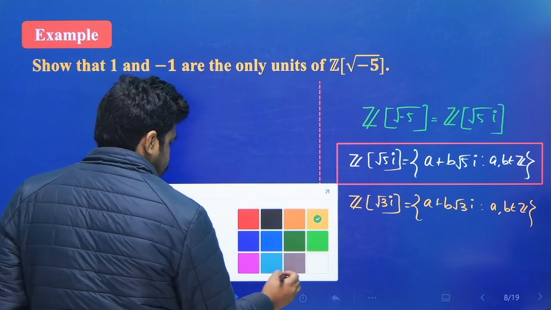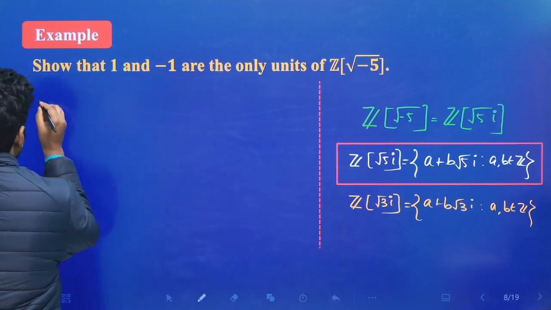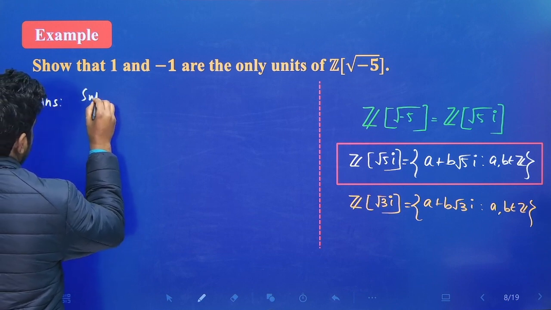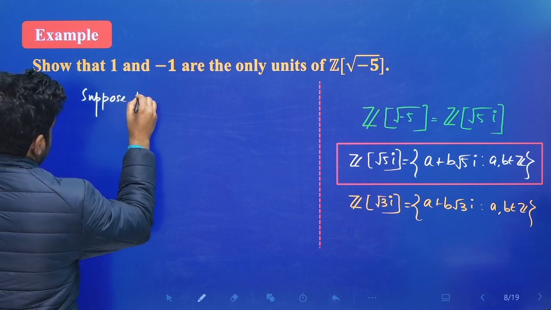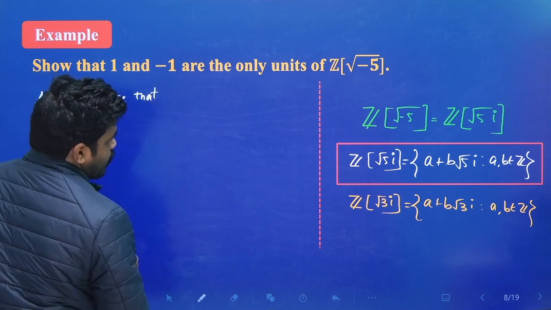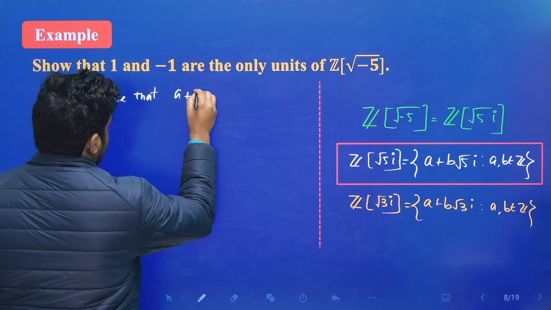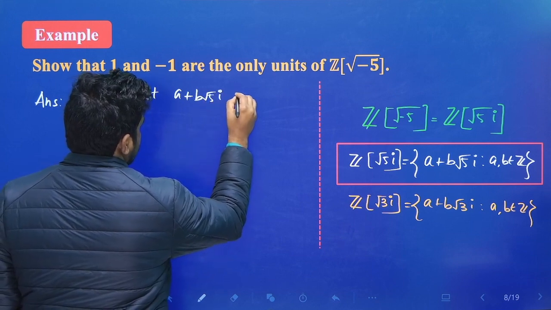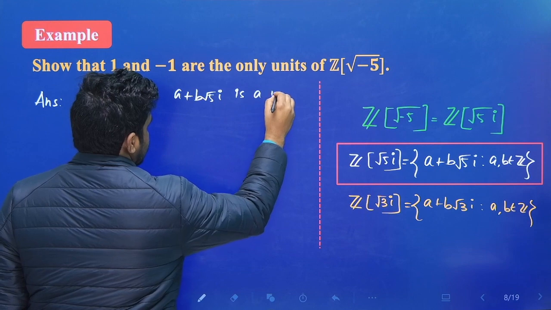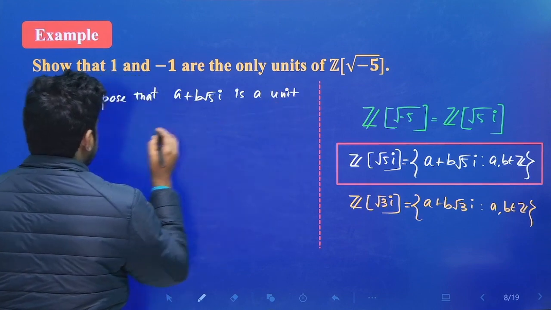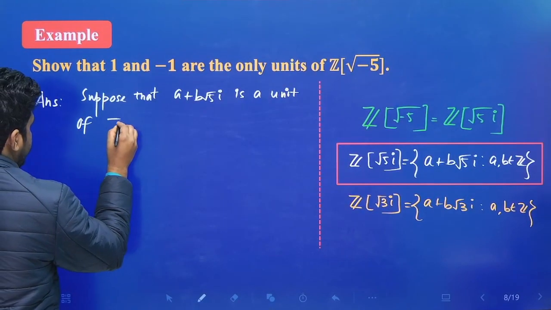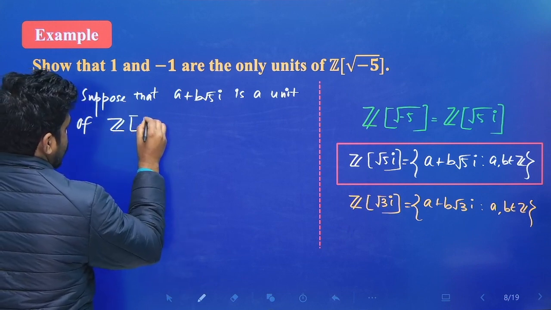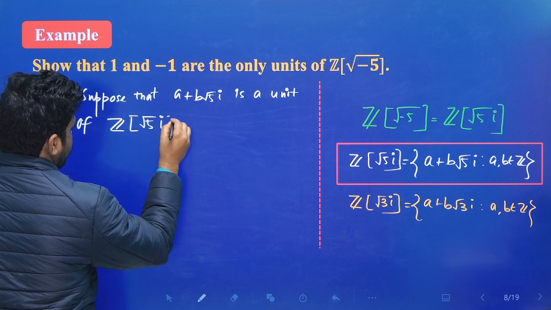Suppose that a plus b root 5i is a unit of Z root over 5i.